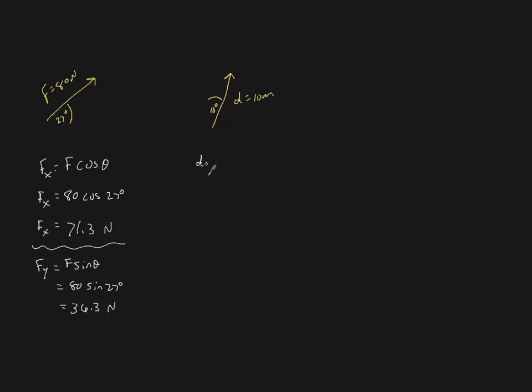Okay, so dx is going to be equal to, now let's draw in what we're looking for here. This is our y component right here, and this is our x component right there. You can see that x is opposite the 10-degree angle, so that's going to be the sine function. So dx is equal to d sine 10 degrees.